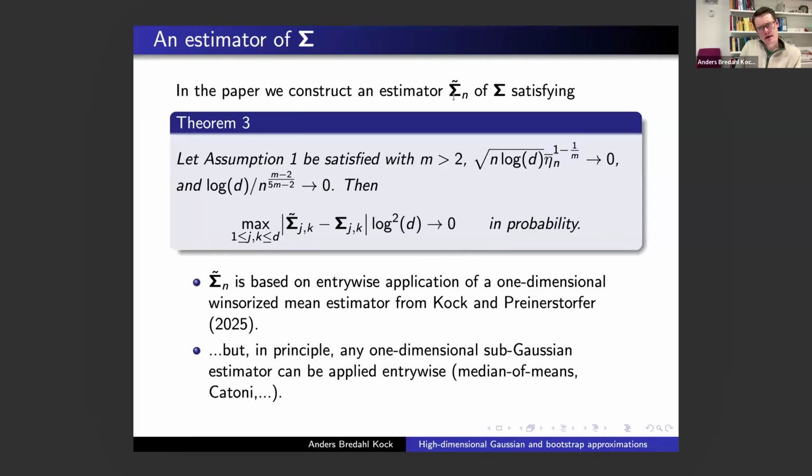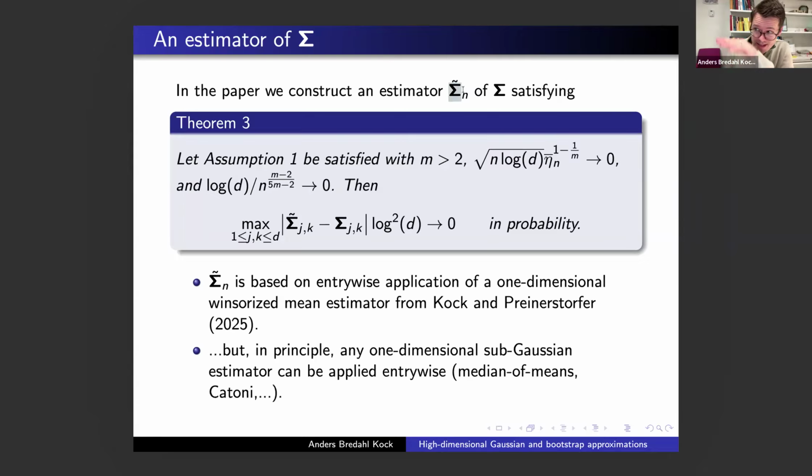In particular, this variance covariance matrix estimator is built on using an entry-wise Winsorized mean estimator from a previous paper of ours, just for one-dimensional estimation. One can show that even in the presence of a little bit more than 2 moments only, these Winsorized means obey sub-Gaussian concentration inequalities.